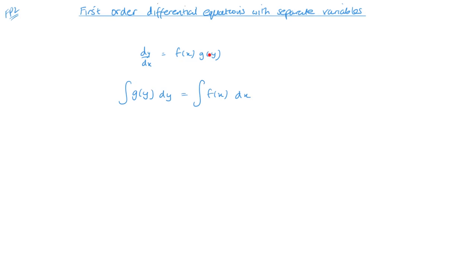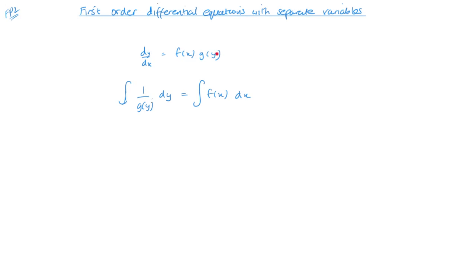So, sorry, on the left it would be 1 over g of y, because we're dividing by this function when it goes to this side, and we're multiplying by this dx. Like I said, that's not mathematically what's happening, but that is how you can think of these.